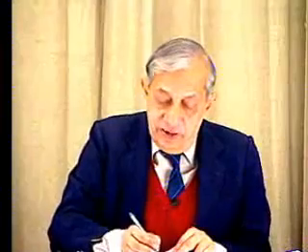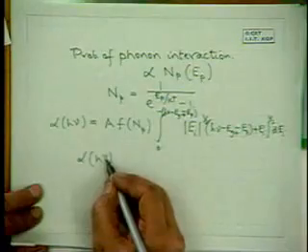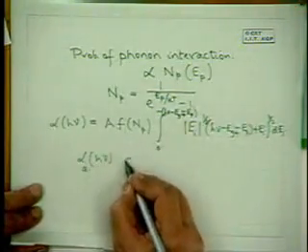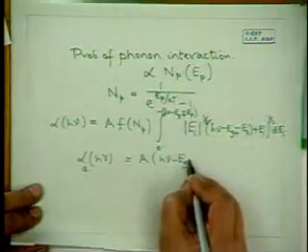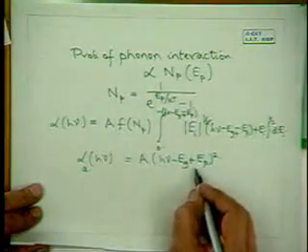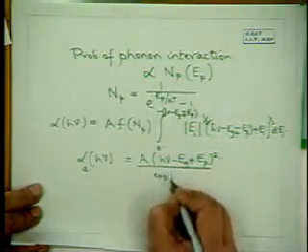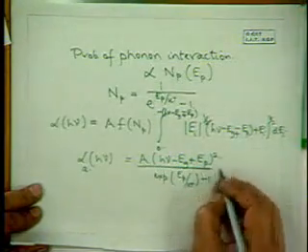After doing this integration, we find that the final expression for optical absorption with phonon absorption is equal to some constant (h nu minus Eg plus Ep) squared over exponential (Ep over kT) minus 1.